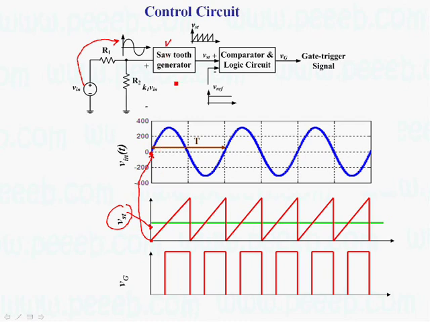And then using either an analog or digital system, we may generate this sawtooth. So how do we get this gate signal? By comparing the reference voltage, which is this green line, with this sawtooth, we can generate our pulse voltage, which defines the turn on time.